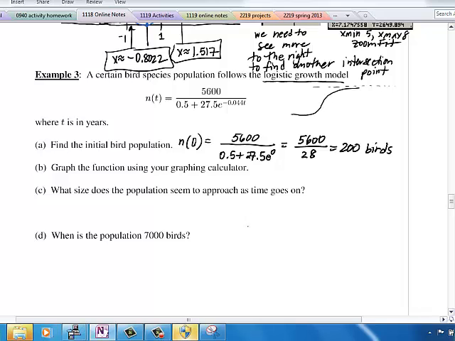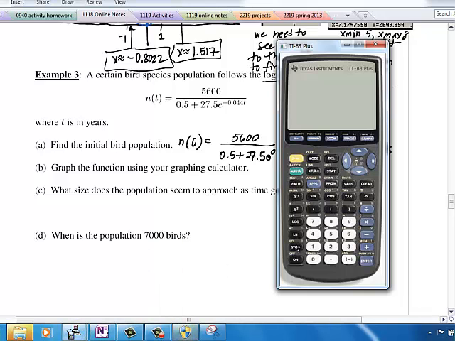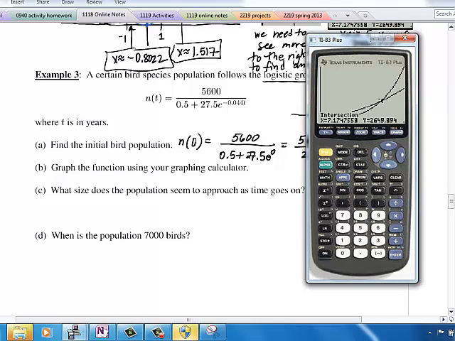Graph the function using your graphing calculator. Let's see. So if we put that in, we've got 5,600 divided by 0.5 plus 27.5 e to the negative 0.044x.